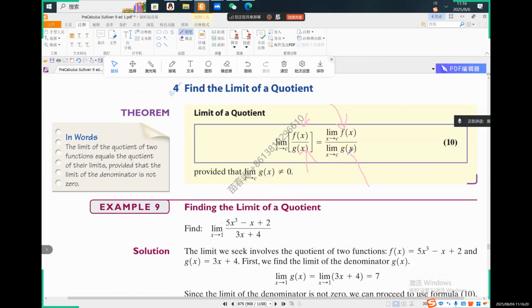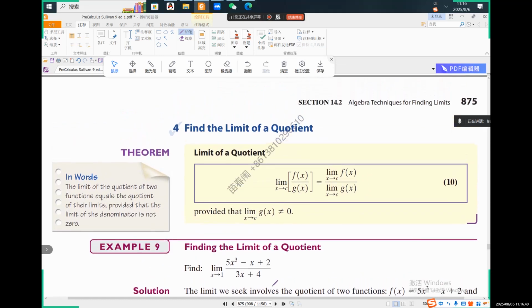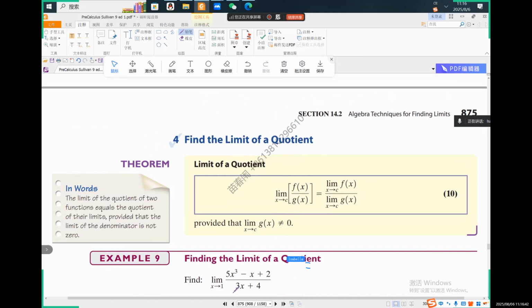I can find the numerator function limit and the denominator limit and divide. Okay, we have to find this one now. So we can use this. It equals the limit. Give me a second.